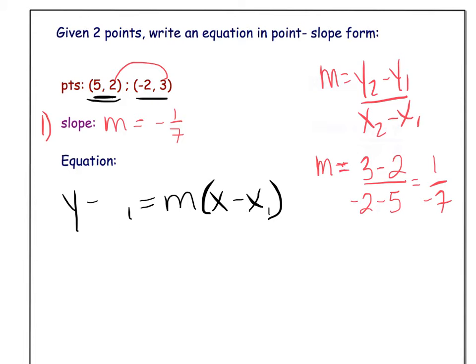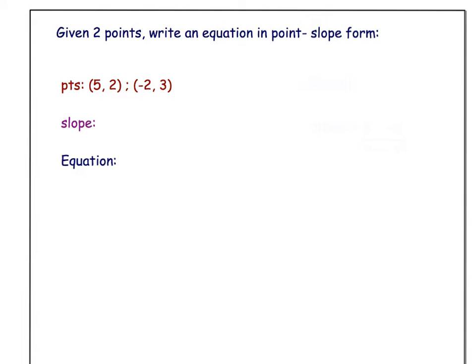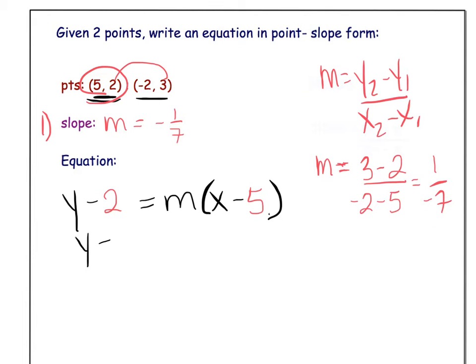So I'm going to use my point. Let's see, I'll just pick the first one. 5 would go here because it's my x-coordinate, and 2 would go there because it's my y-coordinate. And my slope, I know now, I would replace my m with -1/7.